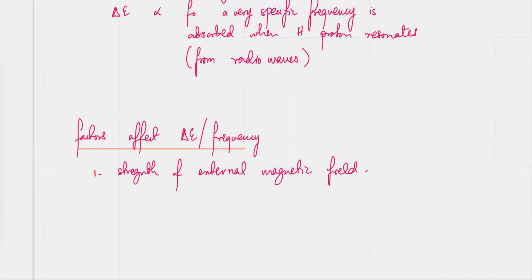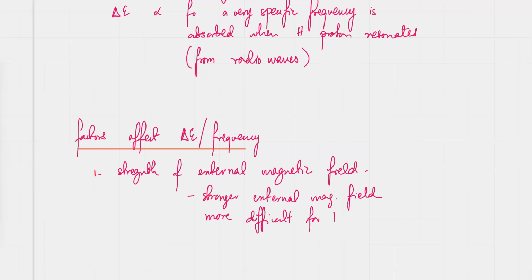So what you're going to have is a stronger external, more powerful magnetic field. Then it's going to be more difficult for the hydrogen proton to go into opposing spin.